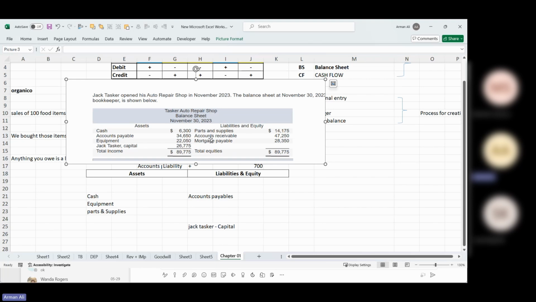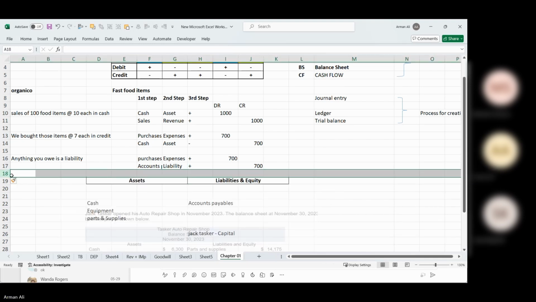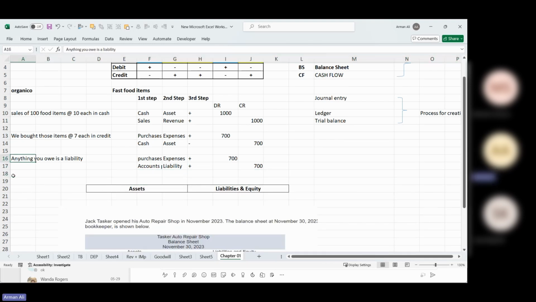Accounts receivable are generated when you sell something on credit. In our example over here, we bought these items first on cash, then we bought the same things on credit, and we have yet to pay for it. So since we haven't paid for it, we owe the money to someone, and that's why they call it accounts payable.